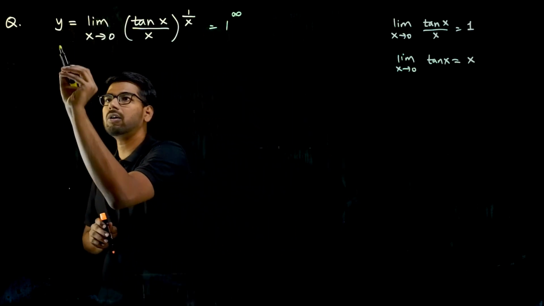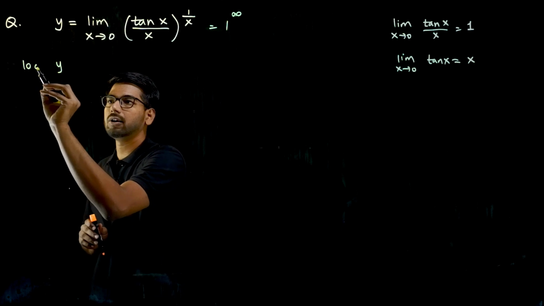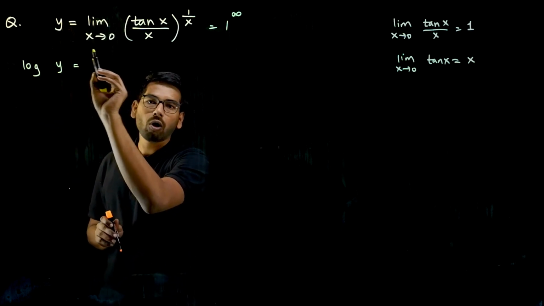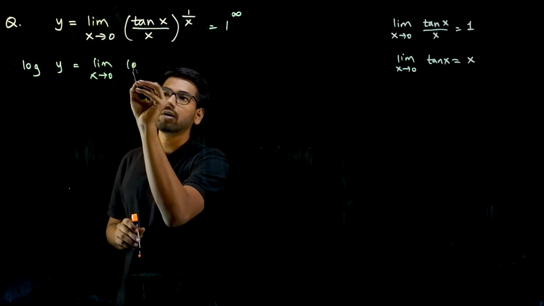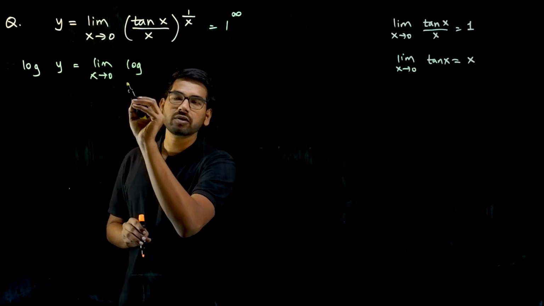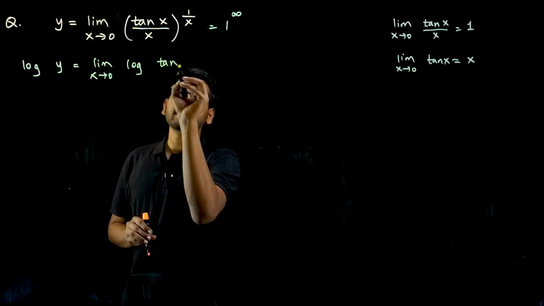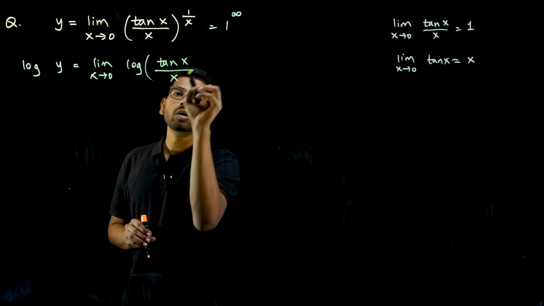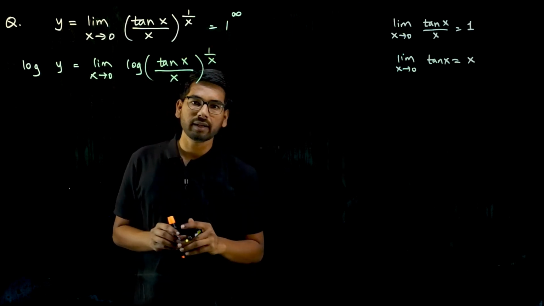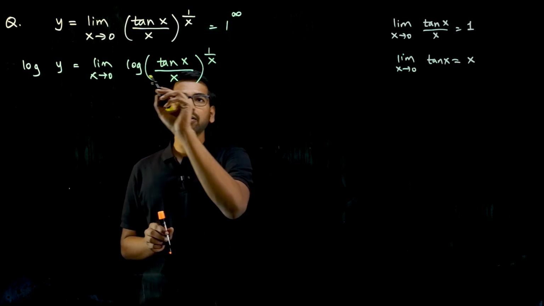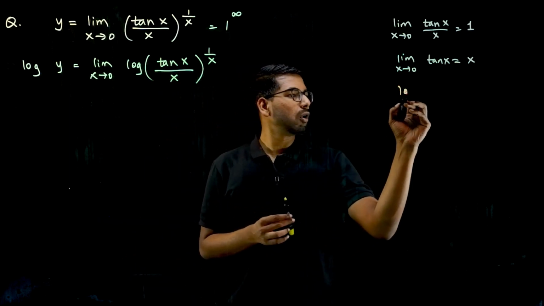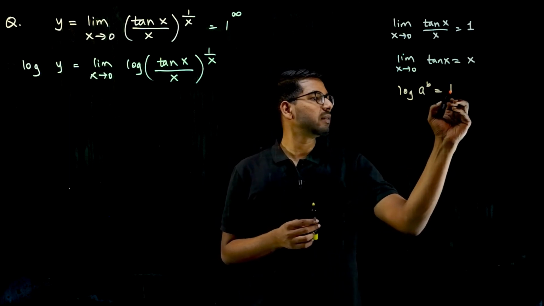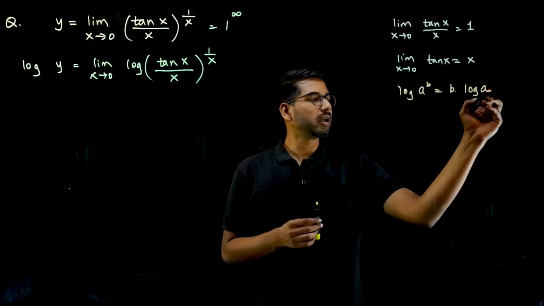So what happens when you take log? Log y is equal to log of the limit, which is the same as the limit x tends to 0 of log of (tan x by x) whole power 1 by x. Whenever you have log of a power b, one of the identities of log is that log of a power b is b times log a.